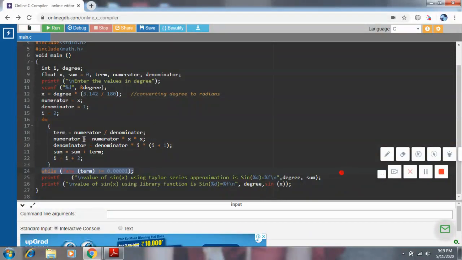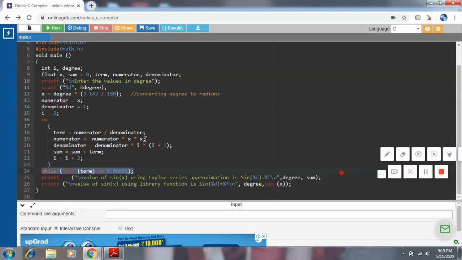Then numerator equals minus numerator into x. So this is x into x, because the power of x is rising by degree 2. That is the reason.